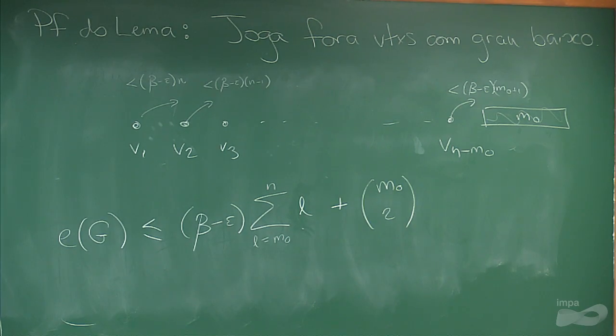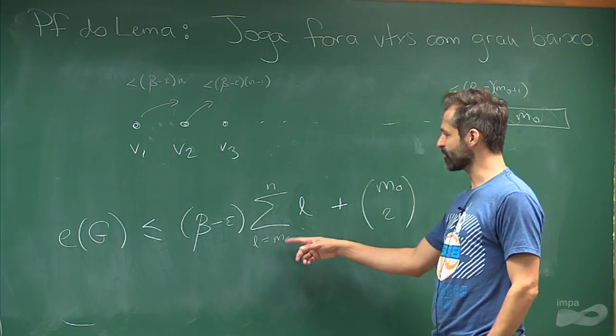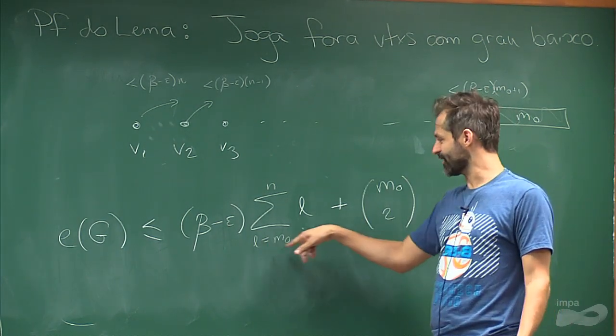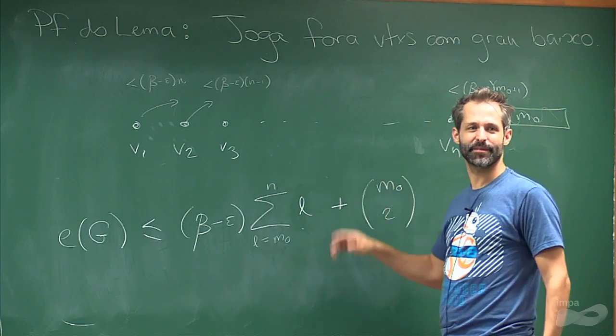What's that? Well, how do you sum numbers from 1 up to n? You get n choose 2, minus whatever the ones in the bottom, but let's forget about them.